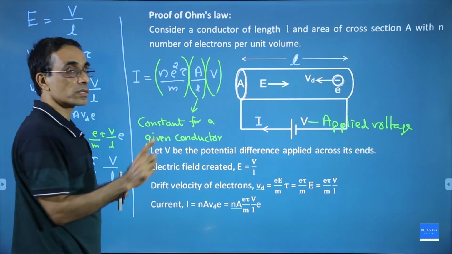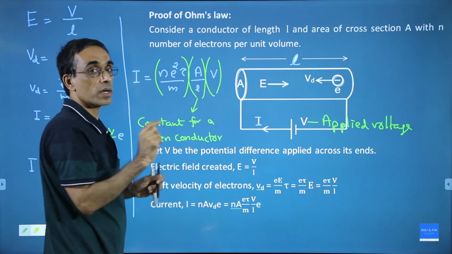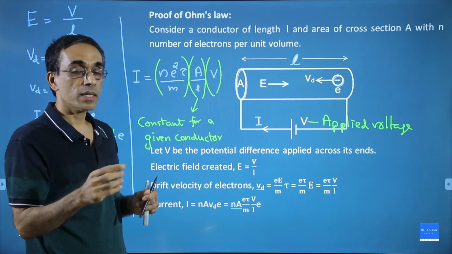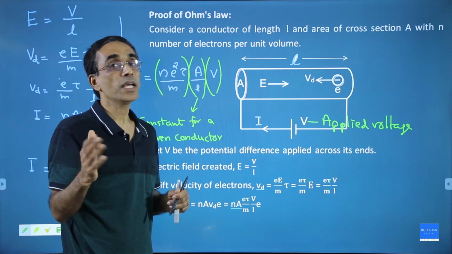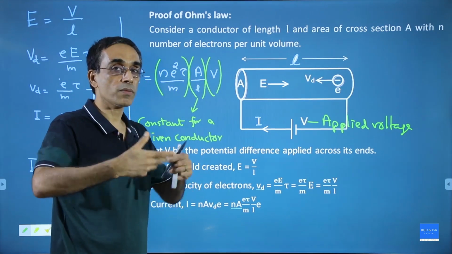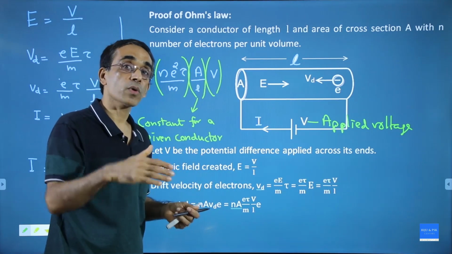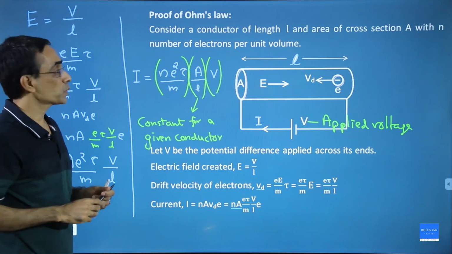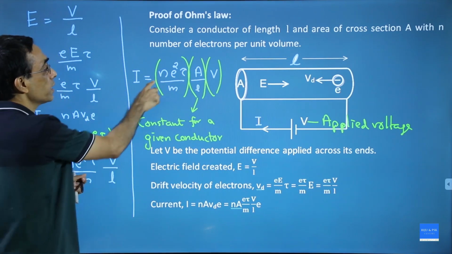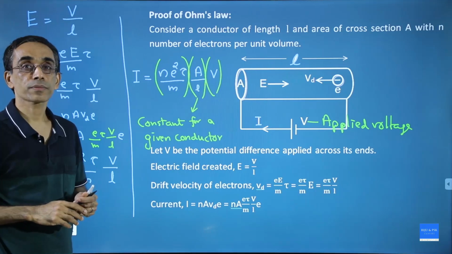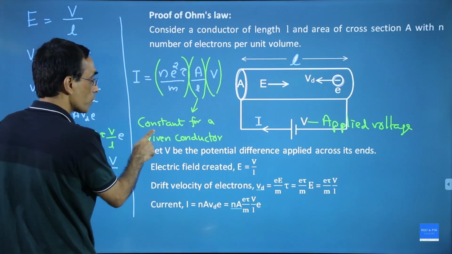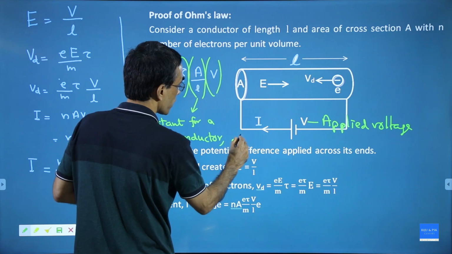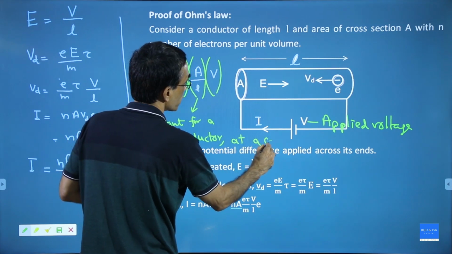So n will be constant, and the tau, relaxation time, that is the time between collisions, will depend on temperature, because if temperature increases, speed of the electron will increase and the number of collisions will increase, so tau will be affected. So if temperature is constant, then tau is also constant. So I will say for a given conductor, I am writing here, at a constant temperature.